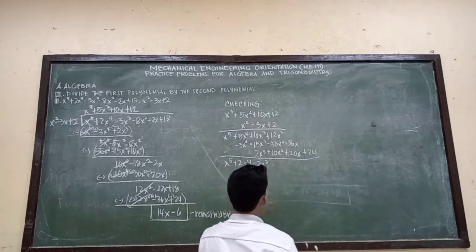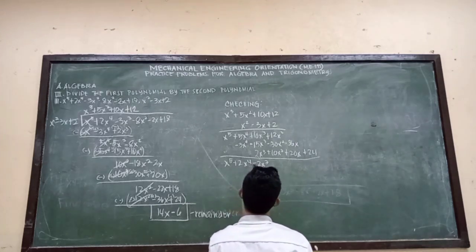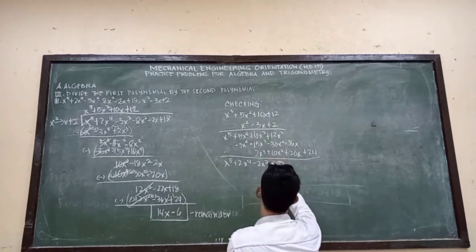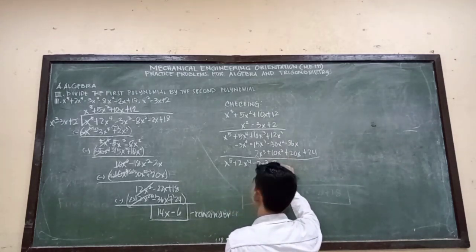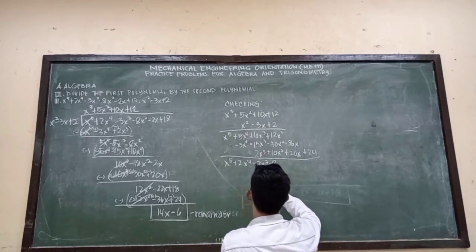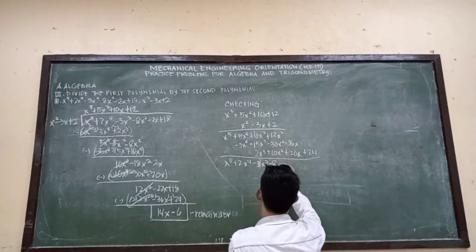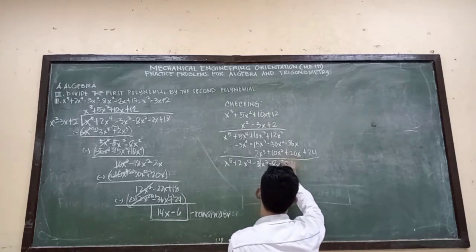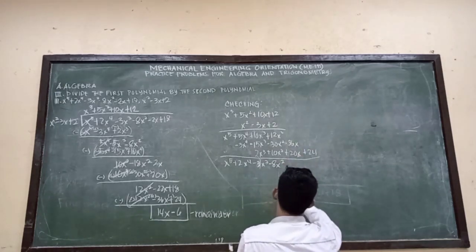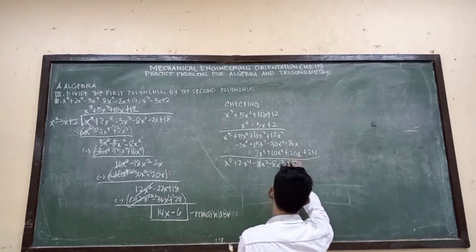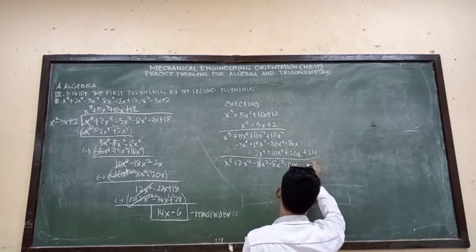And then 12x squared minus 30x squared plus 10x squared will give us negative 8x squared. 36 minus 20 is negative 16x plus 24.